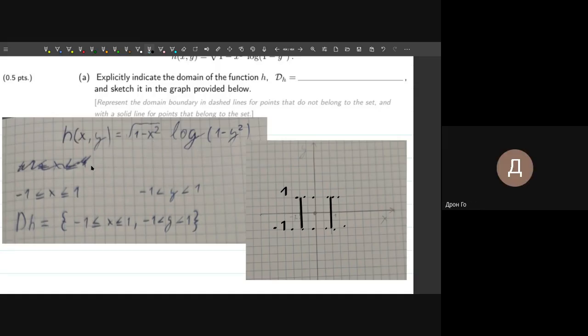Okay? And I have a question. Can you tell me about these brackets? Like, in which conditions do we use them?